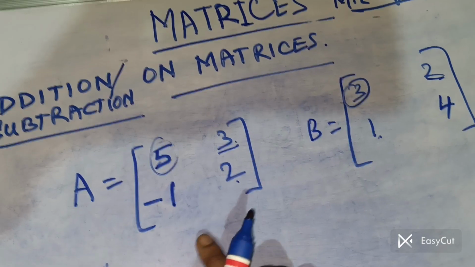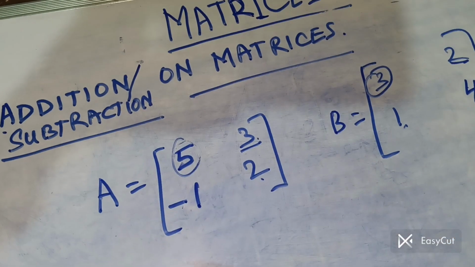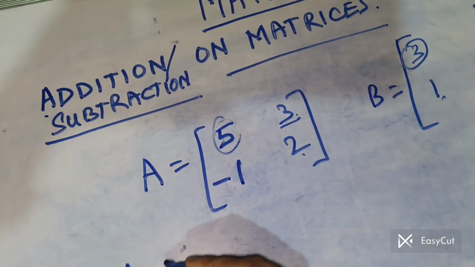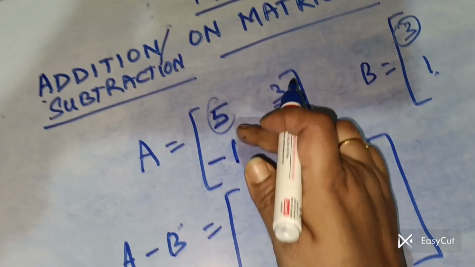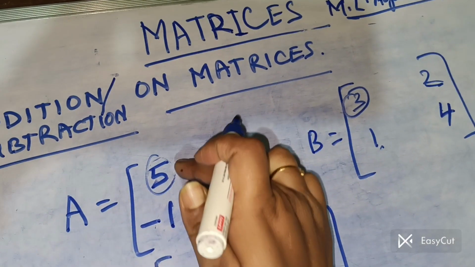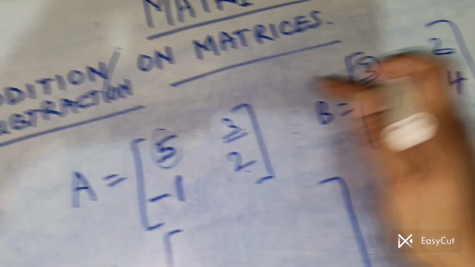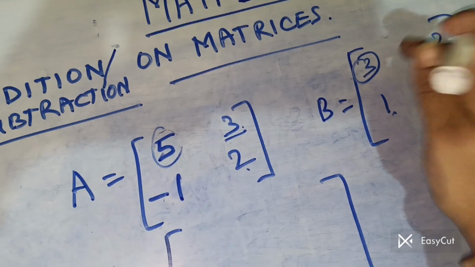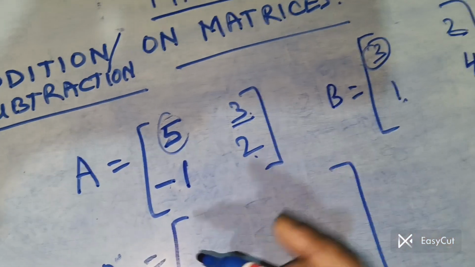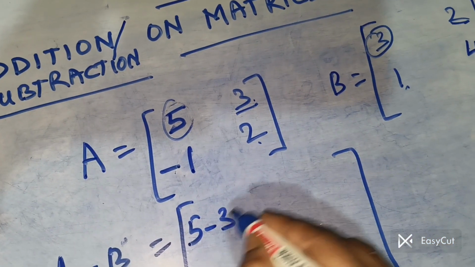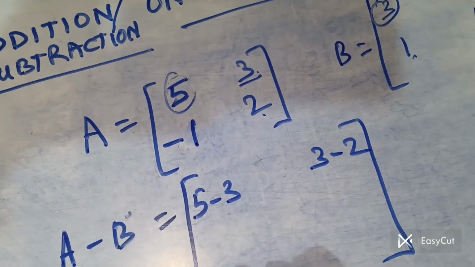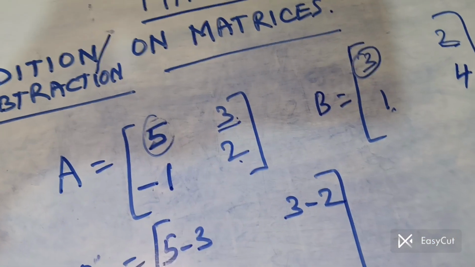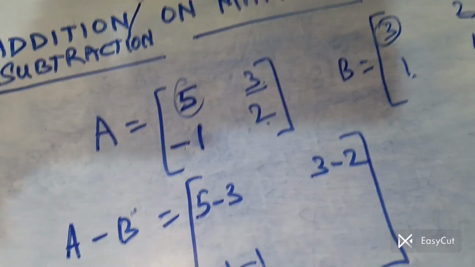Similarly, if we consider these two matrices and we have to subtract them, A minus B, then again the same process applies. First row first column element of B will be subtracted from the first row first column element of A, that is 2 minus 3. Here it will be 3 minus 2, then 1 minus 1, then 2 minus 0.